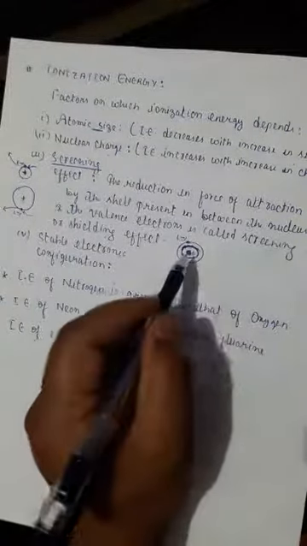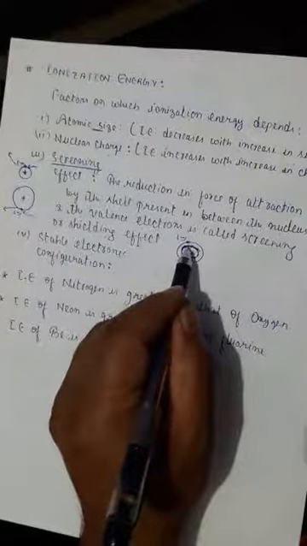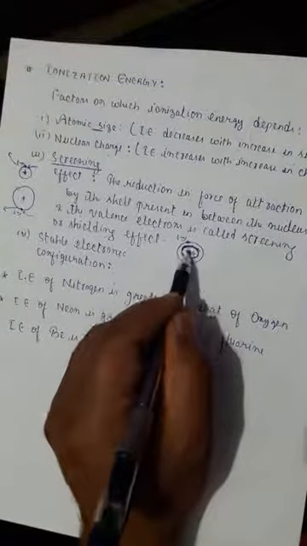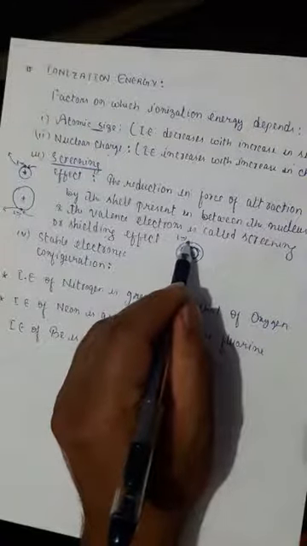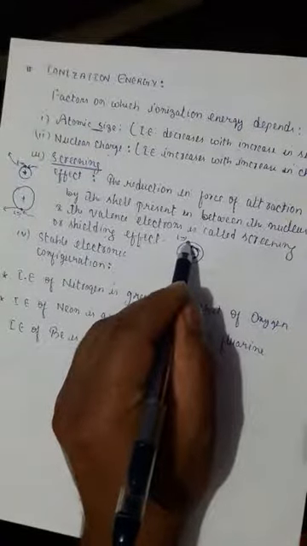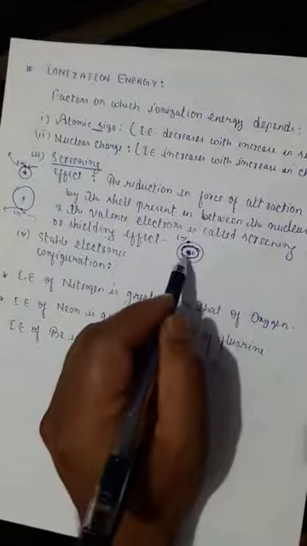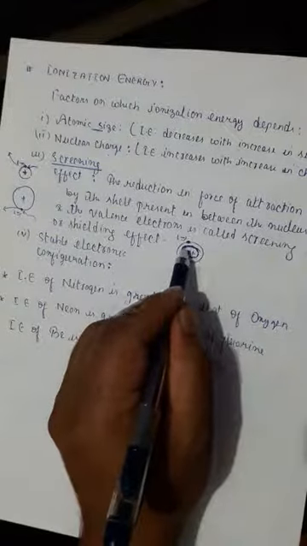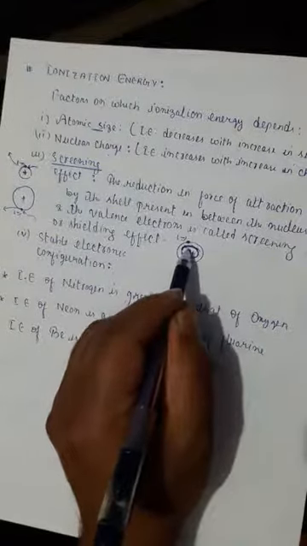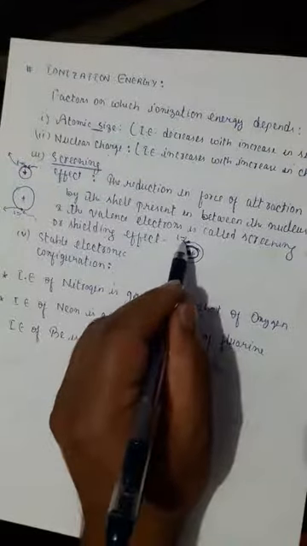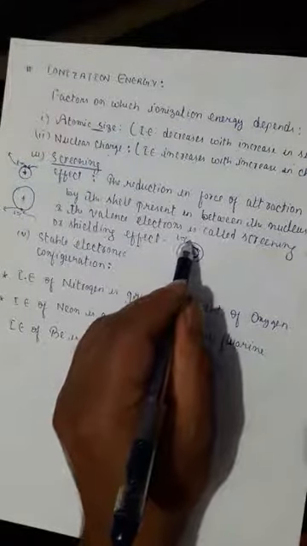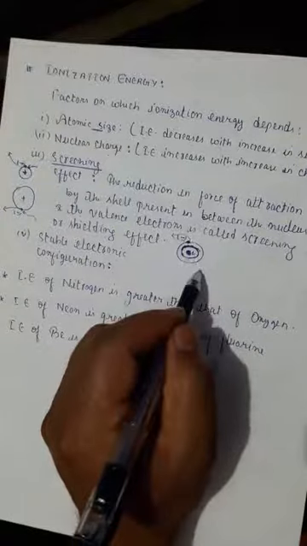The barrier which is possessed by the shells in between is known as what? Screening effect. And this will interfere with the force of attraction between the nucleus and the outermost electron, the electron lying in the outermost shell. This will reduce the force of attraction between the nucleus and the outermost electron, and hence this electron can easily be removed.